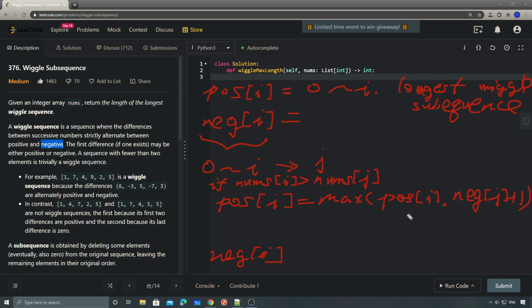In the end, we simply take the max of positive and negative, and we get the final answer.